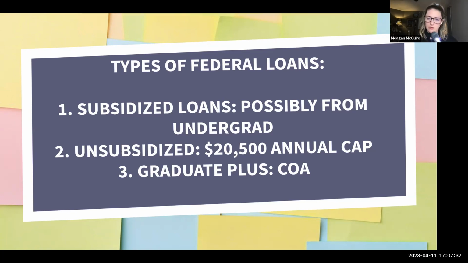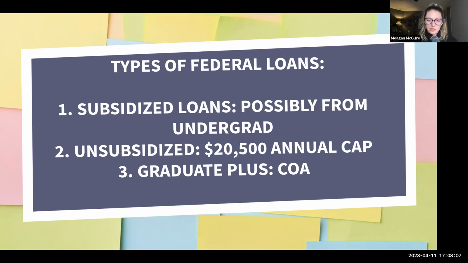They do not issue them for graduate school or post-undergrad schooling. They are loans that do not accrue interest while you're in in-school deferment or other periods of deferment. They're based on financial need, so not everyone in undergrad can access them. There's a limit on how much you can have. But they're nicer loans because of that interest accrual benefit.